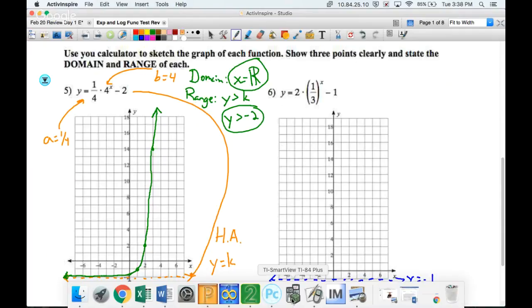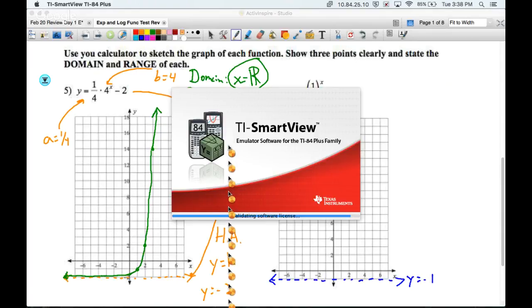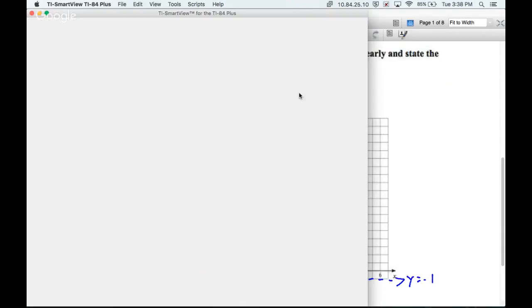To get the rest of our points, we're going to plug this equation into the TI-84 calculator and then use the table on the calculator to help us get some lattice points.